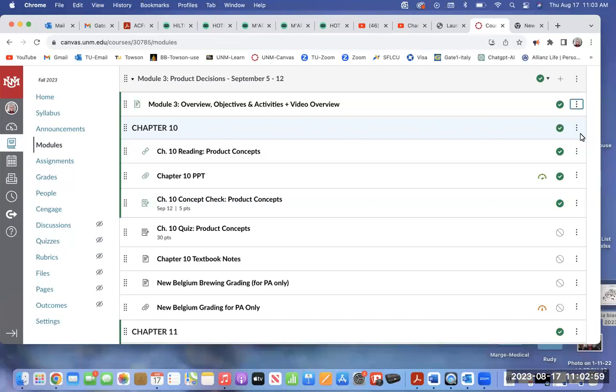The other thing we're going to look at in this chapter is product lines and mixes. Companies usually have a number of products, and they kind of put them in lines. If you look at Disney, they have the ESPN, they have TV, they have movies, they have theme parks. Those are different lines.